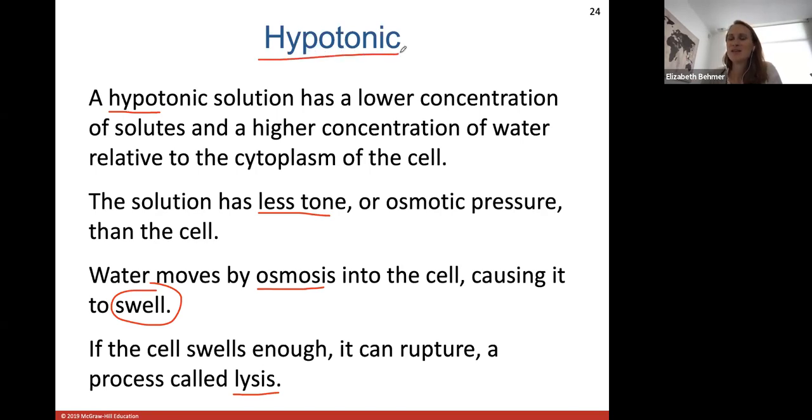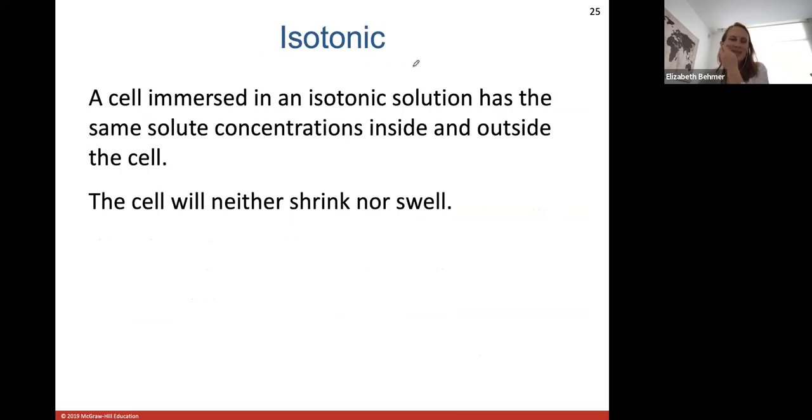A little trick to remembering this: when you put a cell into a hypotonic solution, exaggerate the O, and the shape of that O is what happens to the shape of the cell, because as you place a cell into a hypotonic solution, water moves into the cell, causing it to swell and maybe lyse. So I'm just going to put H2O there to show it moves into the cell. So that's hypotonic.